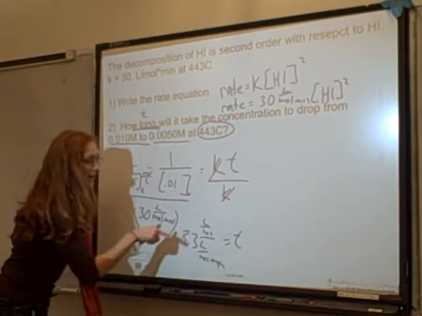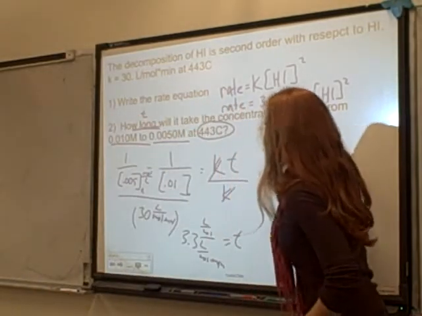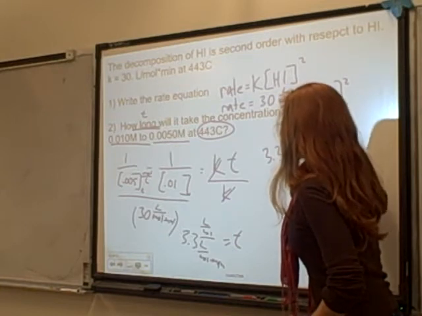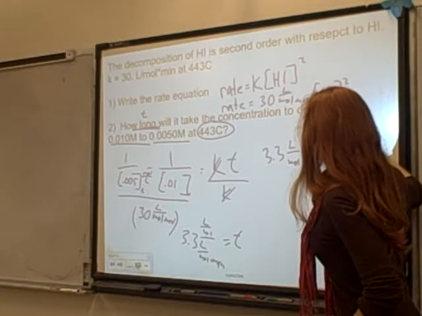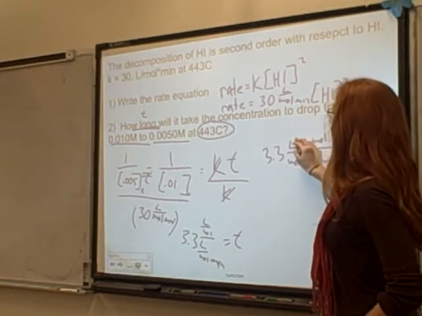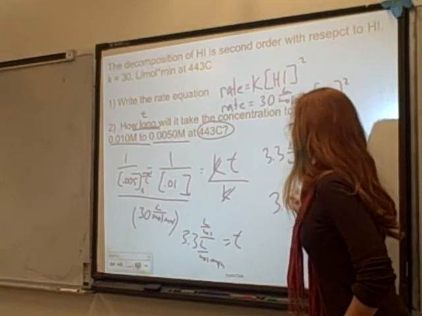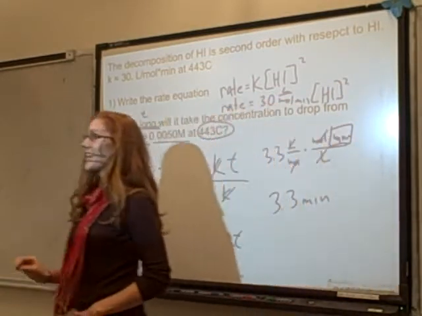Okay, and I know if I'm dividing by a fraction, I'm actually multiplying by the reciprocal. So I have 3.3 liters per mole times the reciprocal of this guy, moles, minute, liters. Okay, liters cancels out, moles cancels out, I'm left with minutes. 3.3 minutes. Okay, that's that.